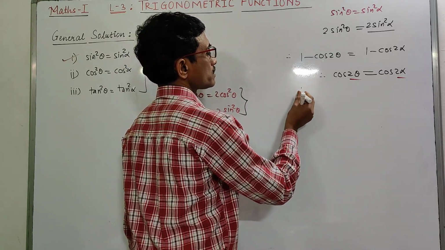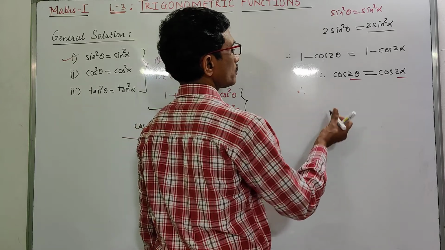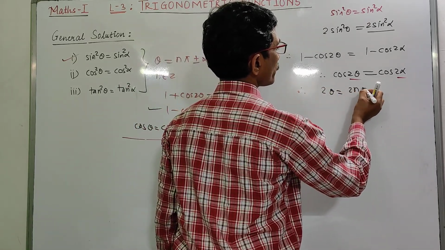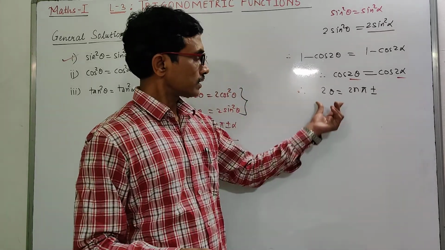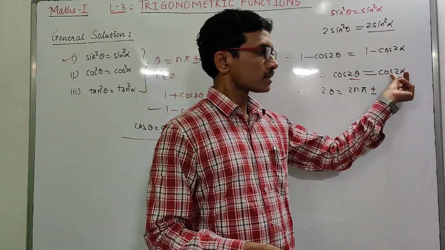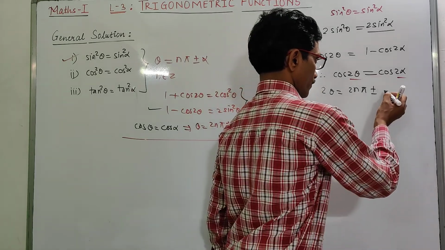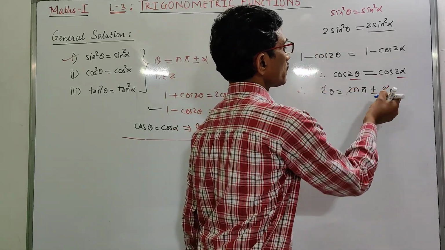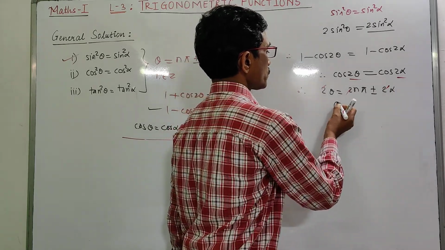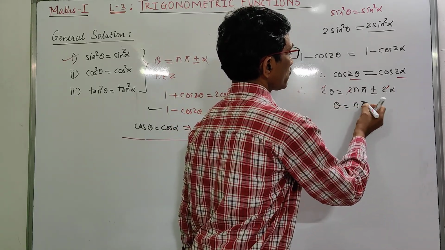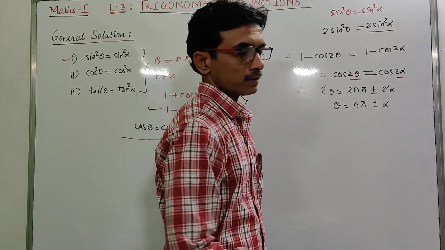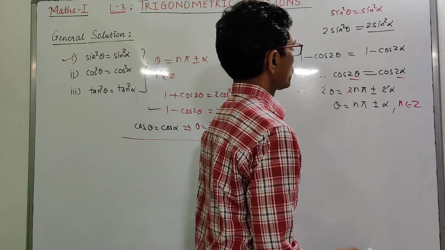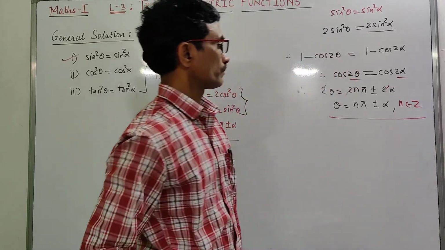The general solution will be 2 theta is equal to 2n pi plus minus 2 alpha, and this 2 is getting cancelled, and we will get theta is equal to n pi plus minus alpha, where n belongs to Z. This is the general solution.